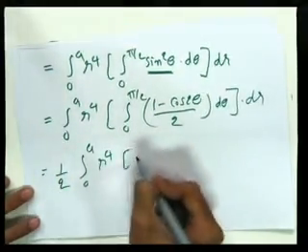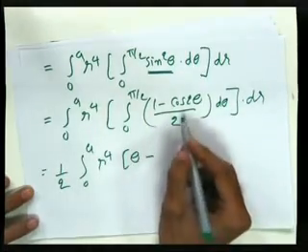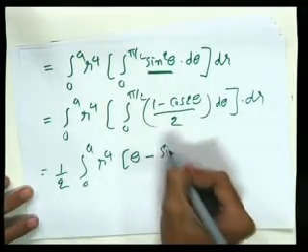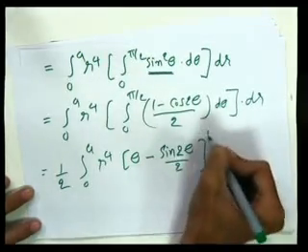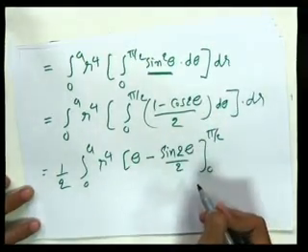Here the integration will be theta minus sine 2 theta divided by 2, from 0 to pi by 2.